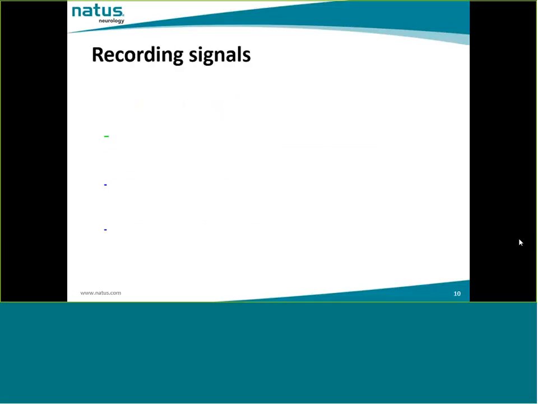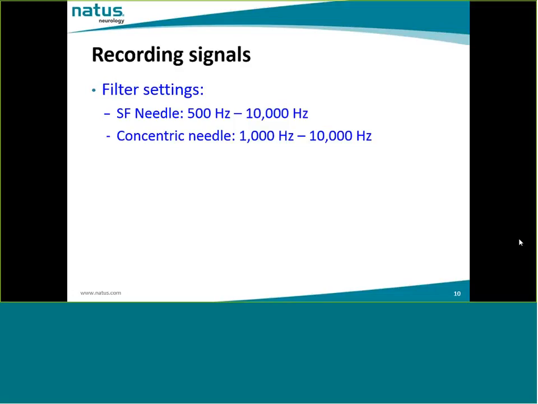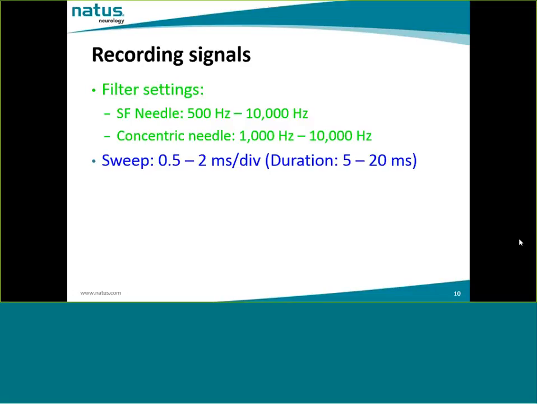To record the signals, if we are going to use the single fiber electrode, our bandpass filter is 500 Hz to 10 kHz. For a concentric needle, we increase its selectivity by raising the low frequency setting to 1000 Hz. The high frequency setting stays at 10 kHz. The sweep is set at 0.5 to 2 milliseconds per division.